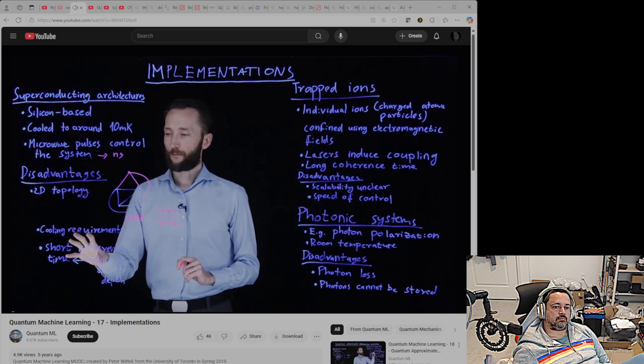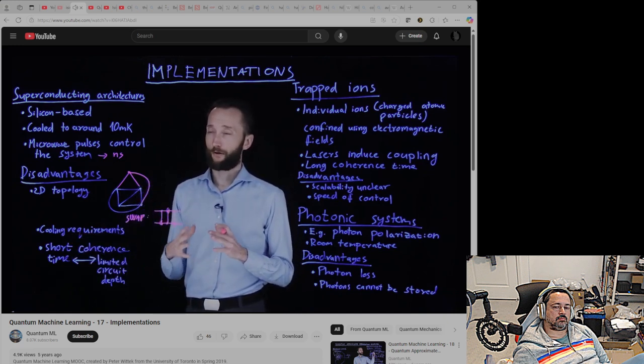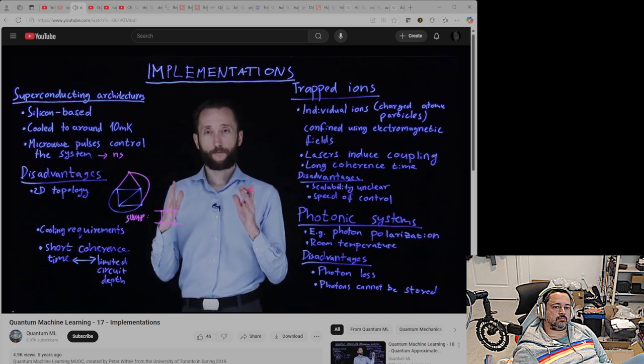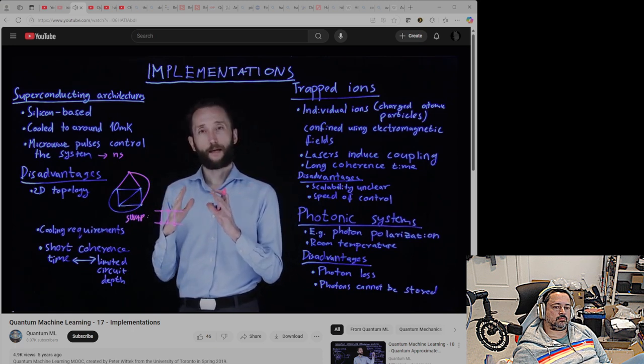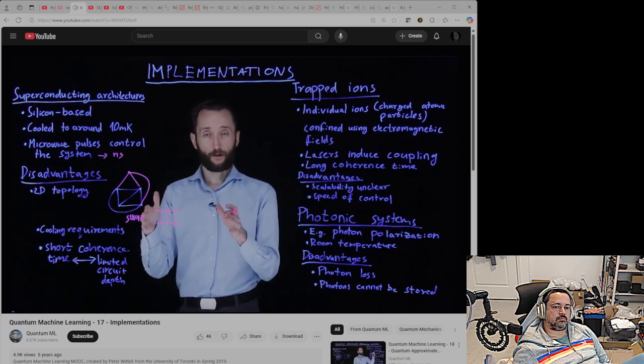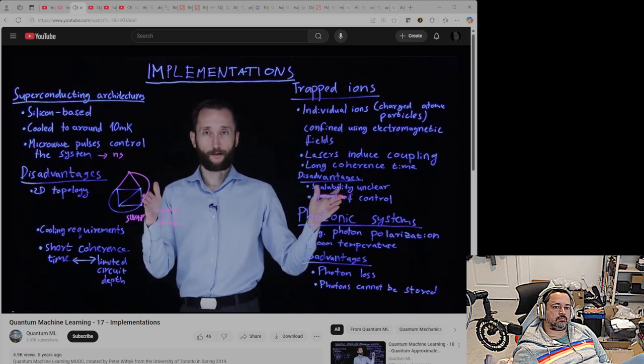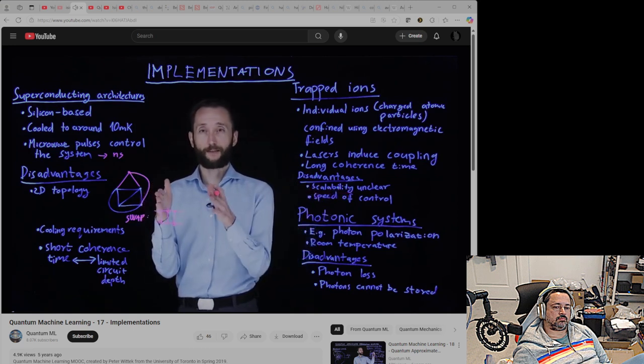So the problem is short coherence time. In these systems, you look at very, very short coherence times, which means that you can only execute gate sequences which are very short. Your circuit depth is basically the number of gates that you have lined up on your circuit. And this depth is very limited. How limited is it?